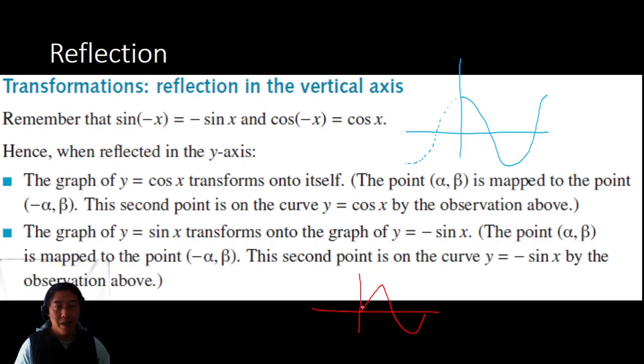Okay, now if you do a reflection, you don't get a mirror image like cos, it actually goes down, and that bit in dots is also negative sine of x. It's a reflection from the x-axis.